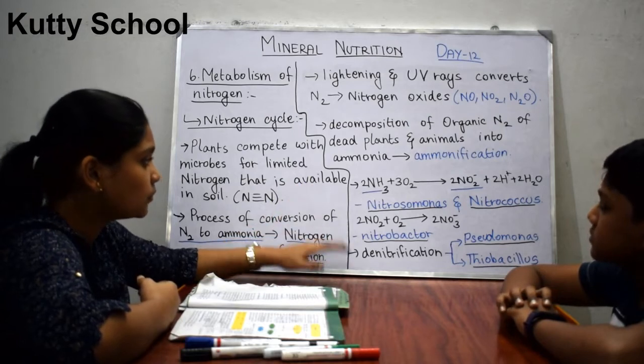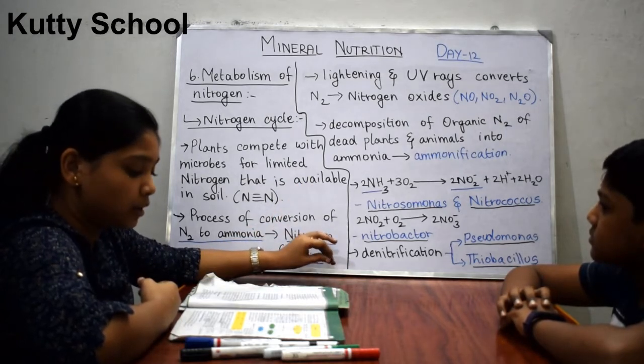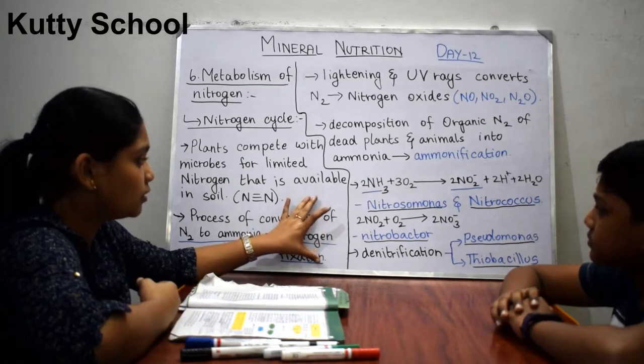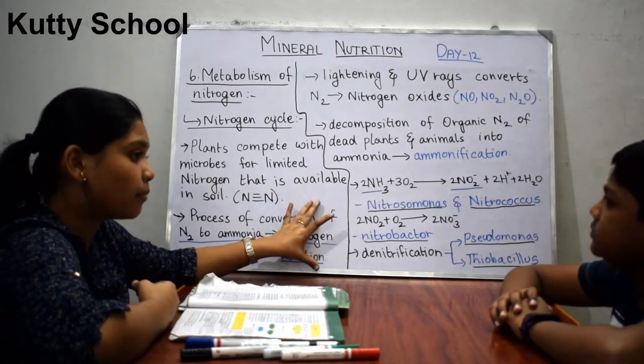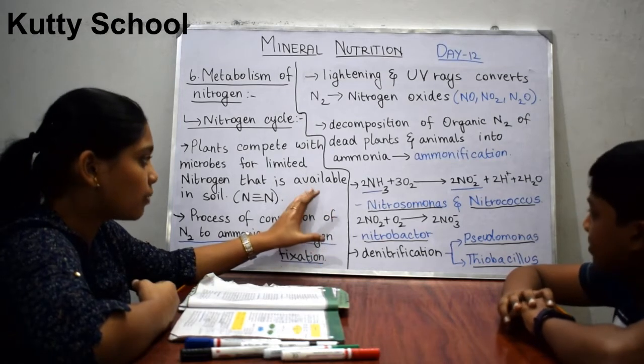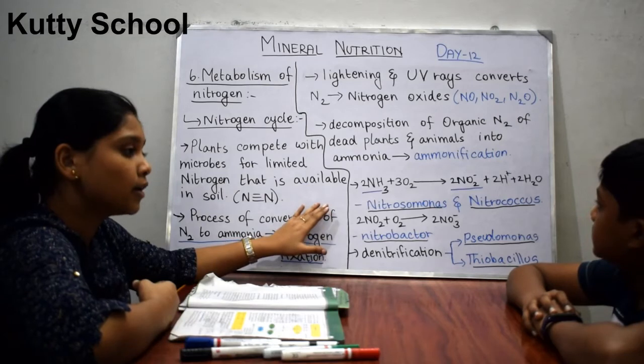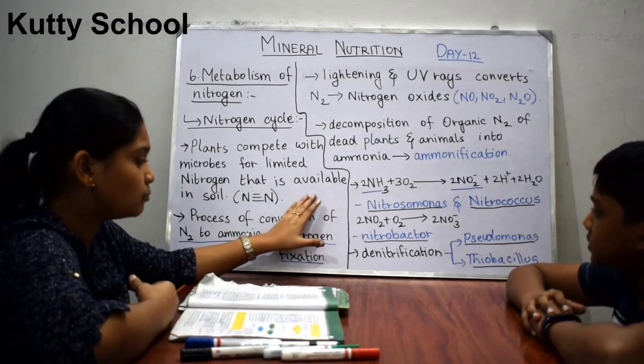Now, how is nitrogen absorbed by plants from ammonia? Plants cannot absorb ammonia. Ammonia has to be converted into nitrates and nitrites, and then only the plants can absorb them.